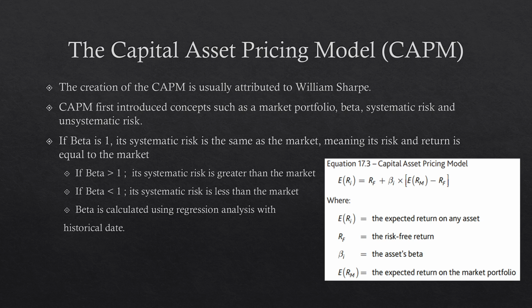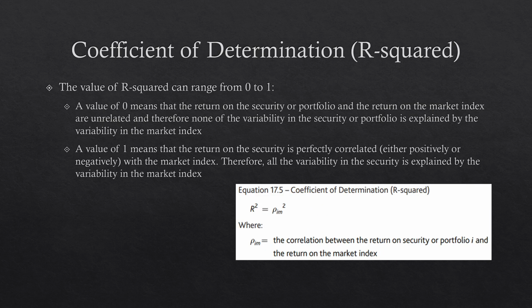Now, beta is calculated using regression analysis with historical data. Usually in a question, if you do have it on the exam, they will just give you the value for beta. Now, the coefficient of determination is also known as R squared. The value of R squared can range from 0 to 1. A value of 0 means that the return on the security or portfolio and the return on the market index are unrelated, and therefore none of the variability in the security or portfolio is explained by the variability in the market.